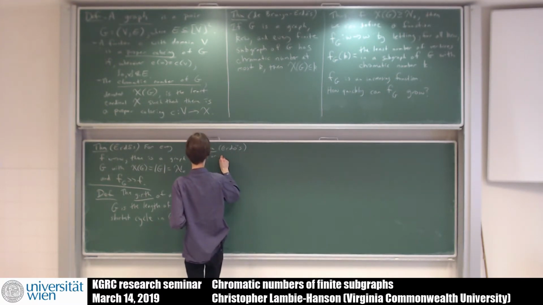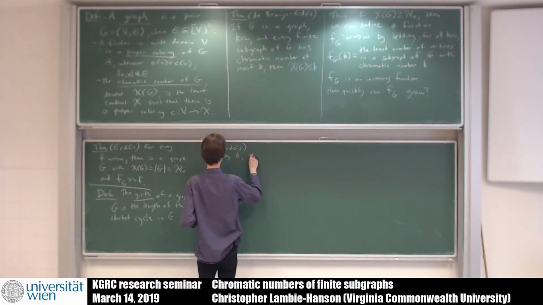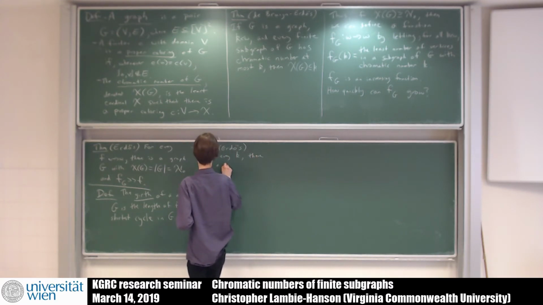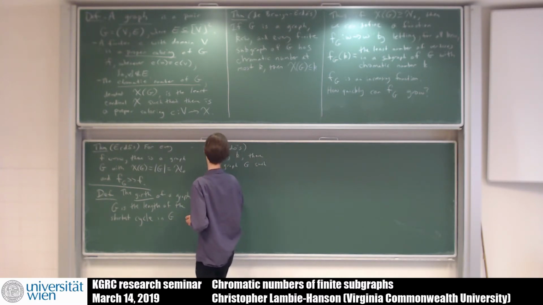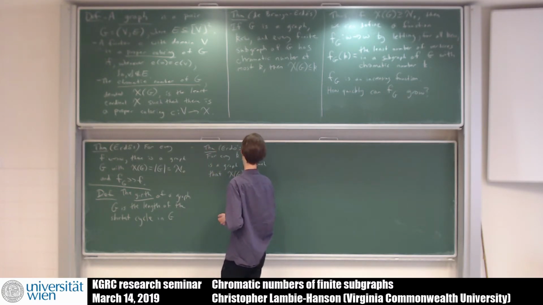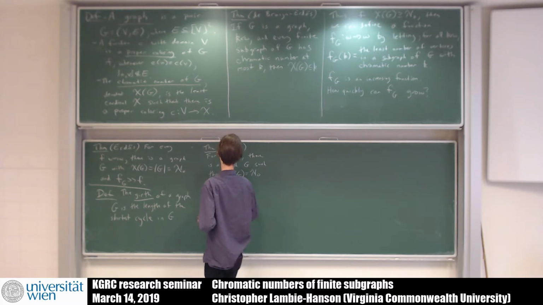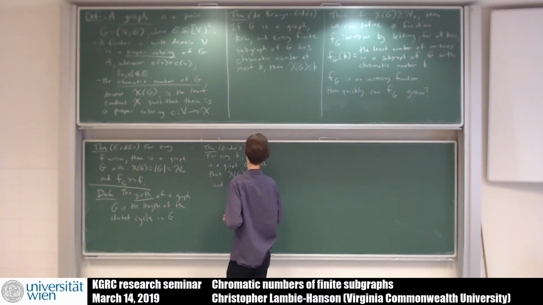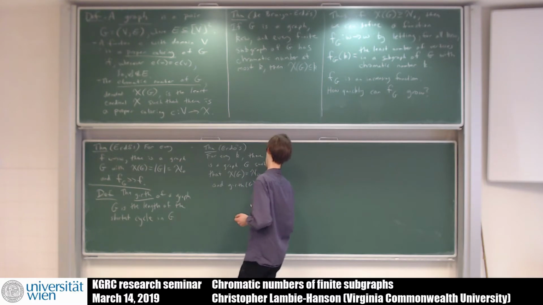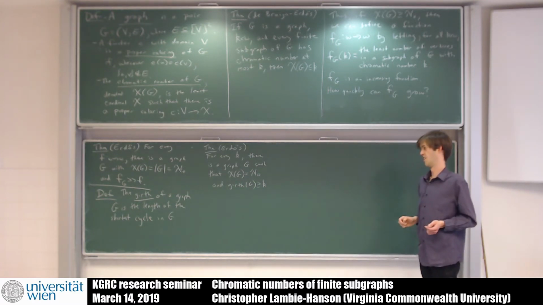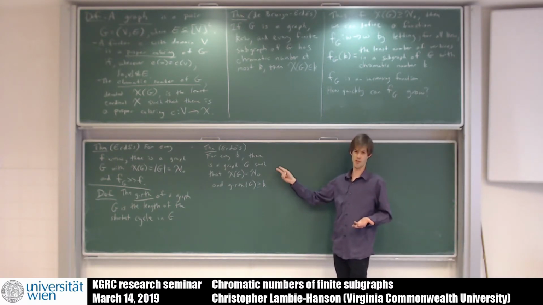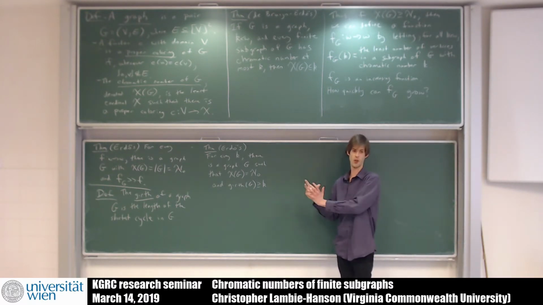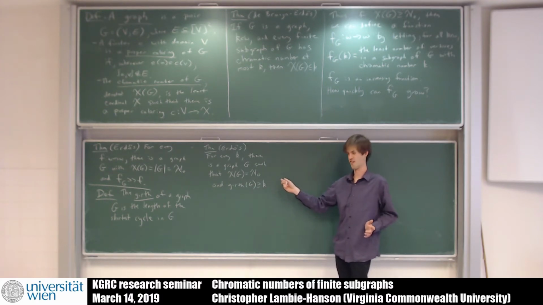For every k, there is a graph G such that the chromatic number of G is aleph 0, and the girth of G is at least k. Again, he proved a finite version of this, and this can be achieved by gluing together disjoint copies of finite graphs with larger and larger chromatic number.